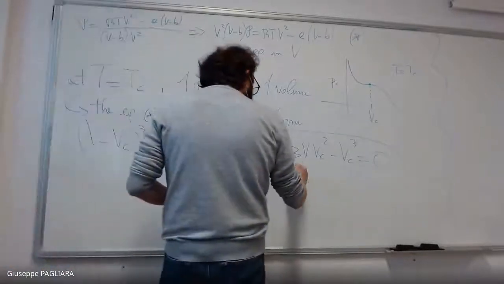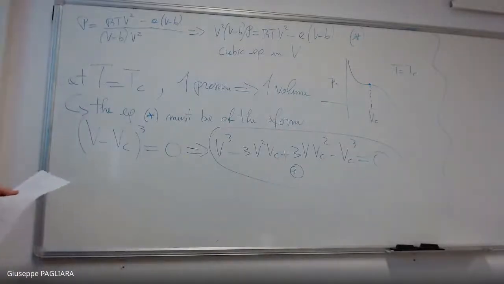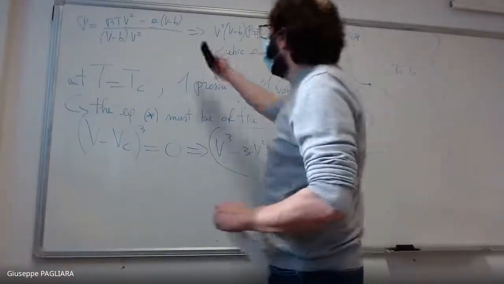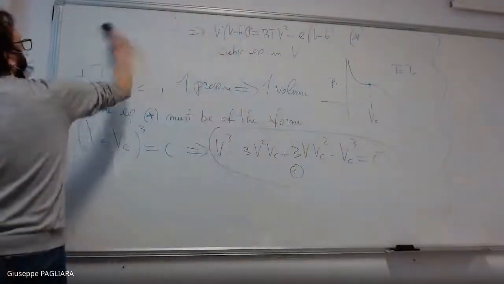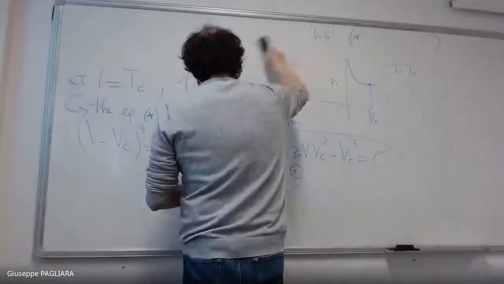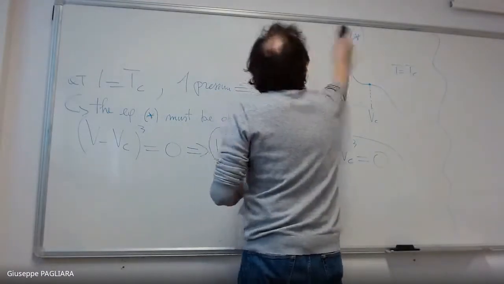Okay, let's give a name to this equation. Let's call it 1. Now let us consider the equation of state, which is this one, but close to the critical temperature and the critical pressure.